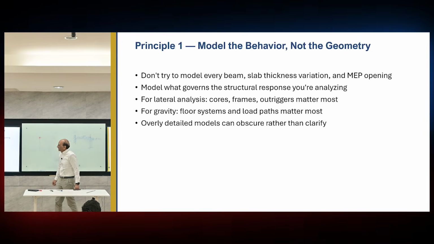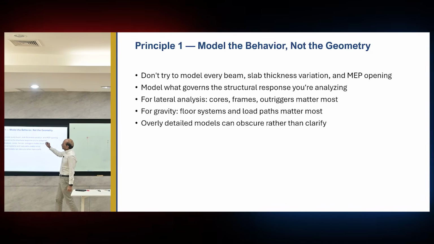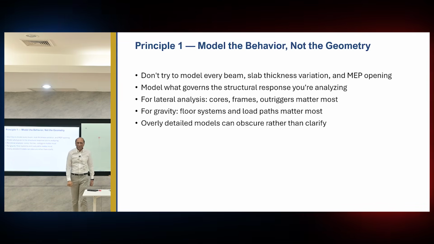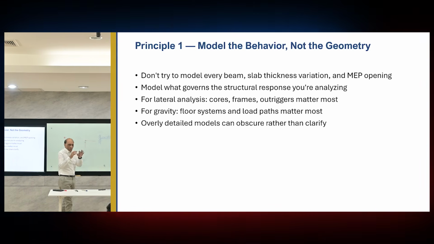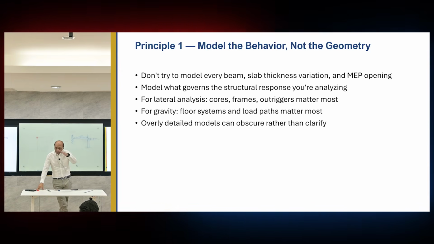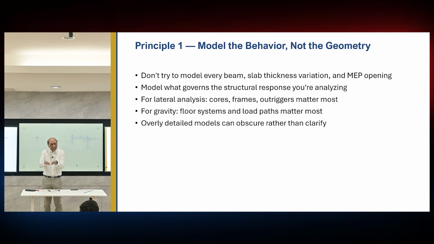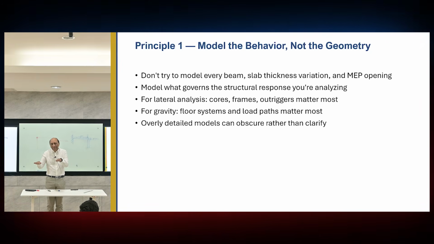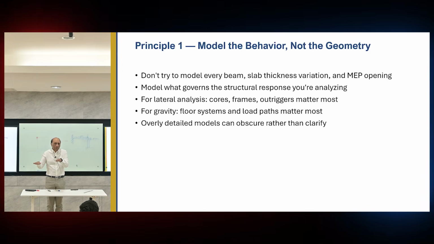So you have to be careful not to try to model every beam, slab thickness variation, MEP opening. Don't try to capture every small thing, because there are too many things in the architectural detail. A small slope ramp, for example. There's a floor. It's flat, but in architecture, they made it slightly inclined for drainage or whatever.